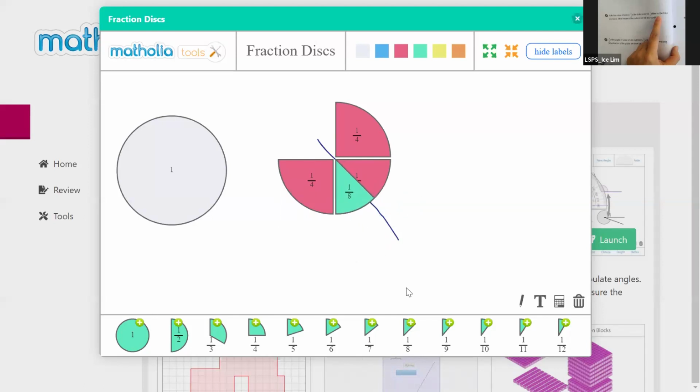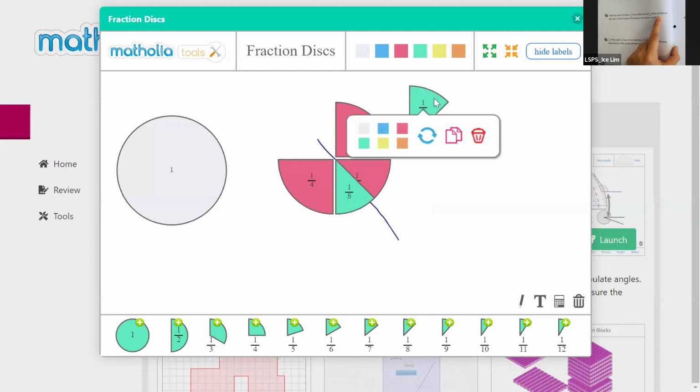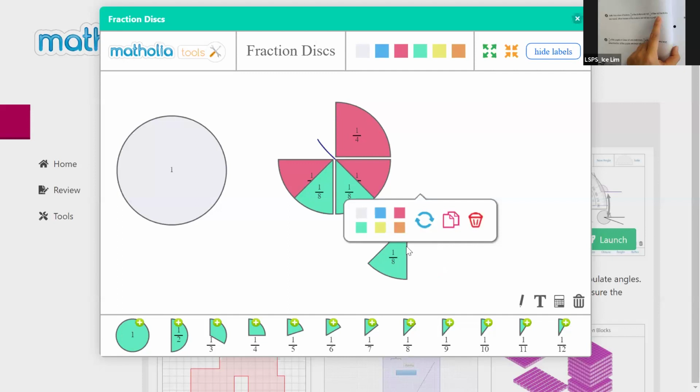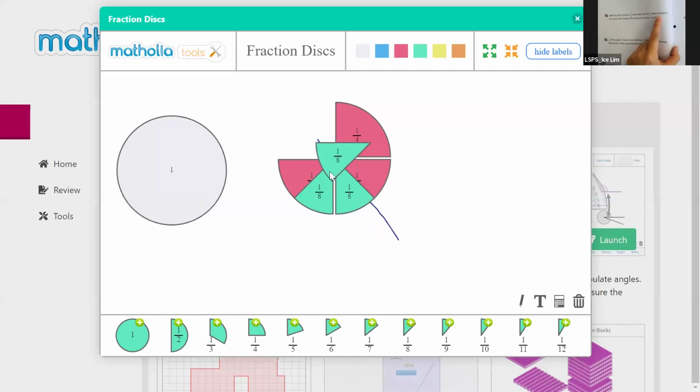Does it look like it will work? Yeah? Yes, not bad, right? Okay, let me use bars instead.